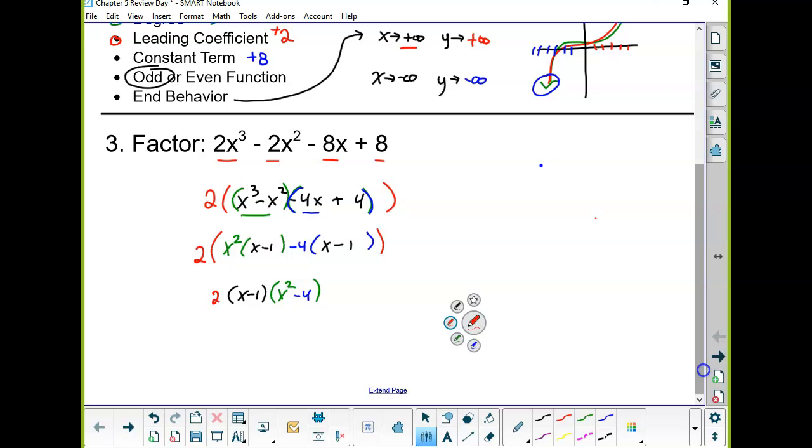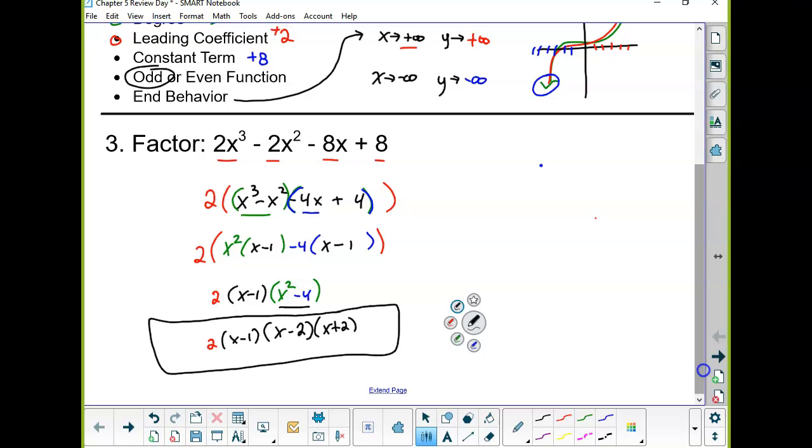We should always ask ourselves, can we factor more? And we do have this one extra piece right here that can be broken down as x minus 2 and x plus 2. And that is in complete factored form. We can't break it down any further.